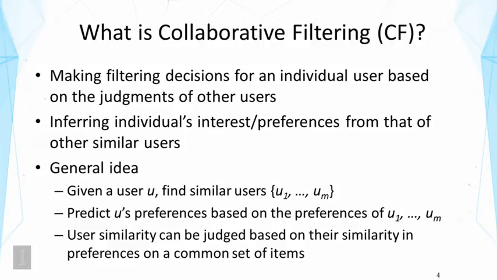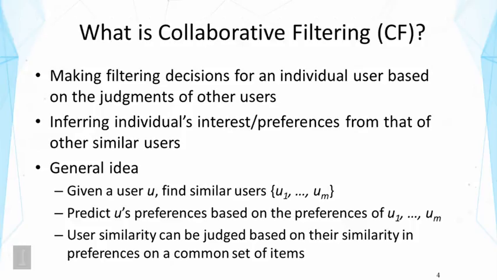So the general idea is the following. Given a user U, we're going to first find the similar users, U1 through UM, and then we're going to predict the U's preferences based on the preferences of these similar users, U1 through UM.